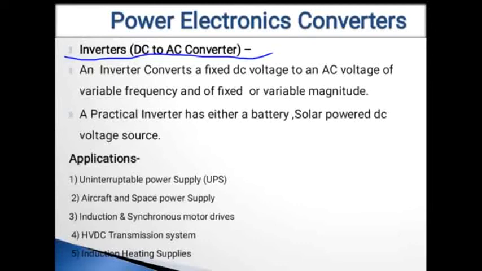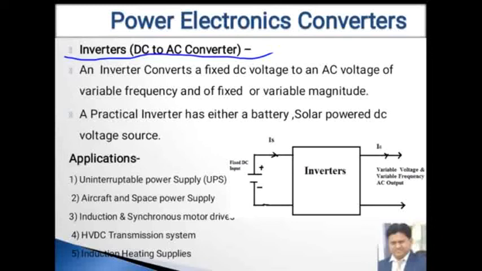The practical inverter has either a battery or a solar power DC voltage source. So that is the main function of an inverter. It converts the fixed DC voltage into variable frequency and fixed or variable magnitude.